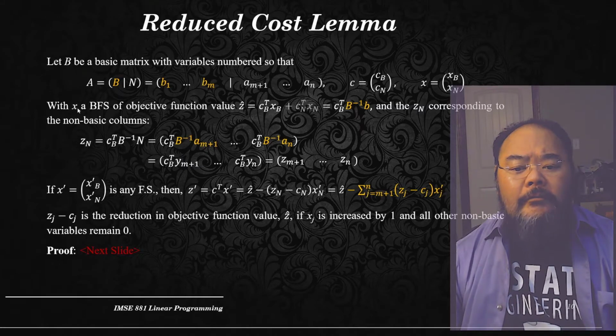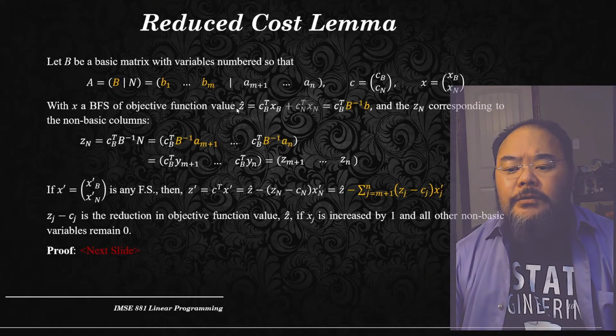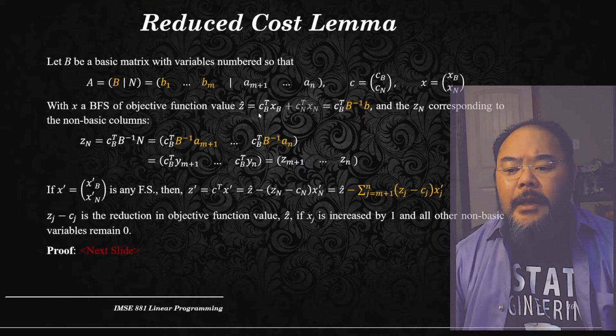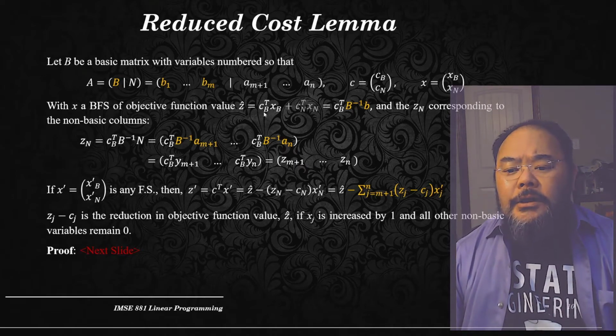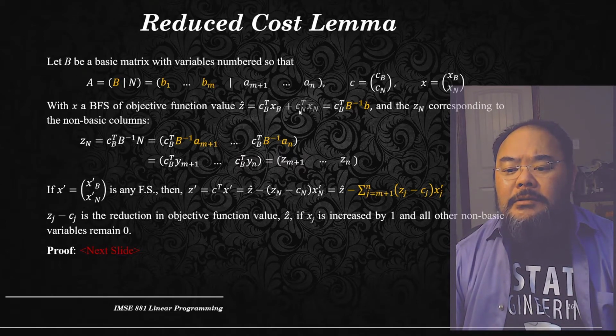If I have a basic feasible solution x with a corresponding objective function value z hat, which in this theory we refer to as the current objective function value, it equals cB transpose times xB. Of course, it should also include plus cN transpose times xN.